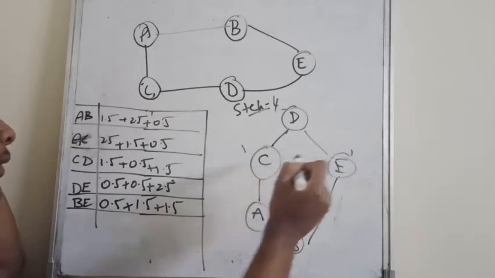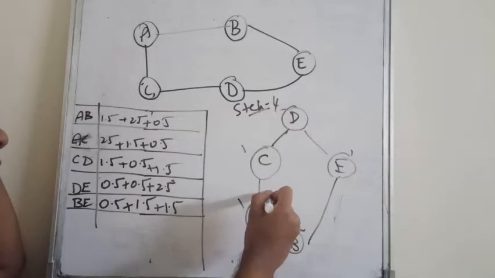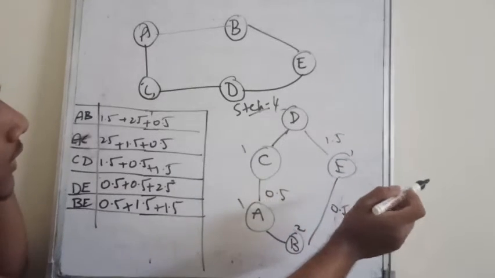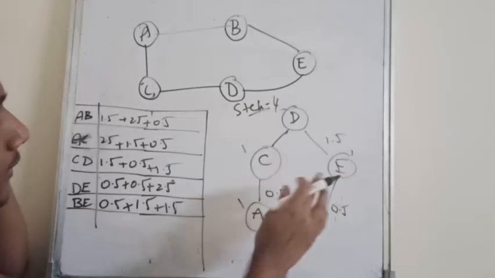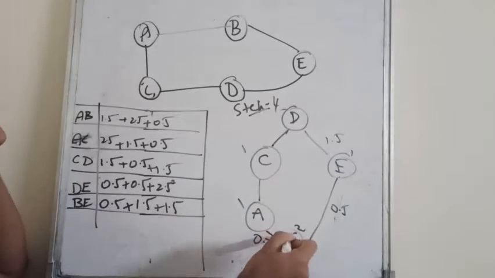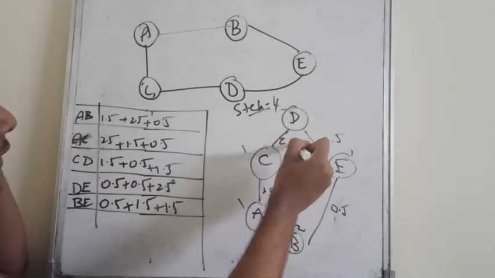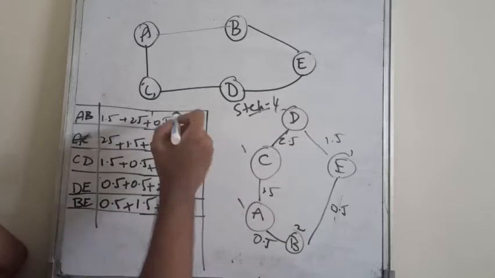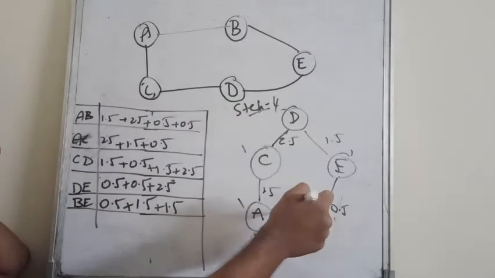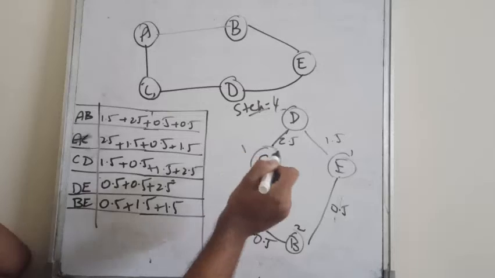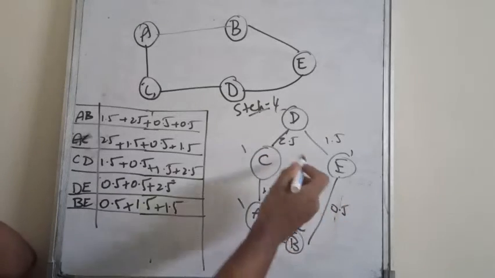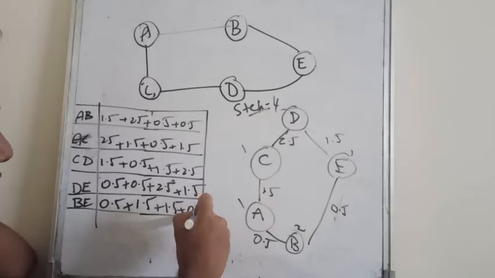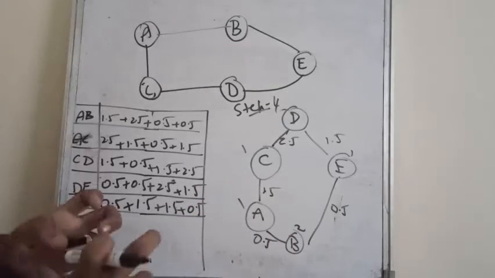The same thing, 1, 1, 1, 2, 0.5, 0.5, 1.5, this is 0.5, this is 1.5 and this is 2.5. So CD is 2.5, AB is 0.5, AC is 1.5, DE is 1.5 and BE is 0.5. Okay, so this is how we do it.